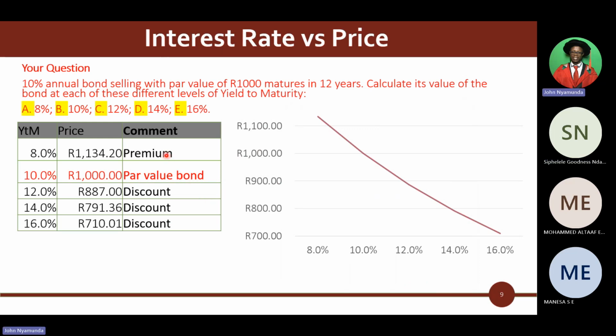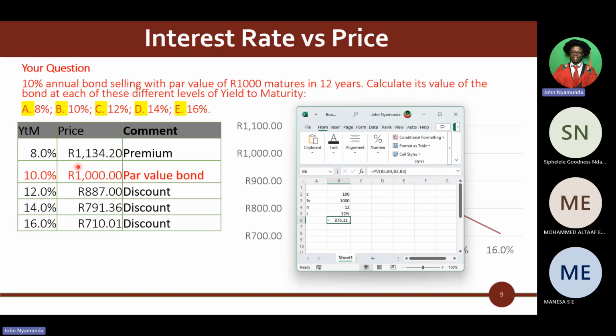Sorry, sir. Yes. Can you please repeat? 100 is PMT. Yes, so 100 is PMT because we are saying 10% of 1000. I don't know how I got it wrong.